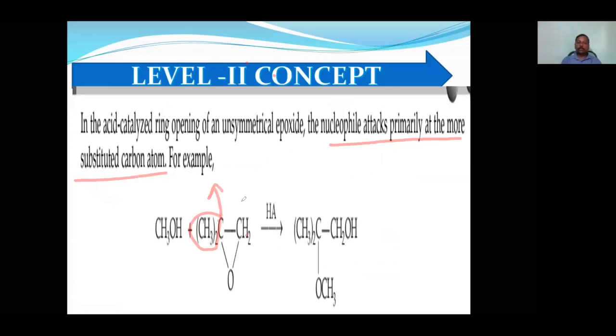This is the more substituted, this is less substituted or not at all substituted. Then the nucleophile will attack where? Here, the more substituted atom. How it is going to attack, that I am going to explain through the mechanism.